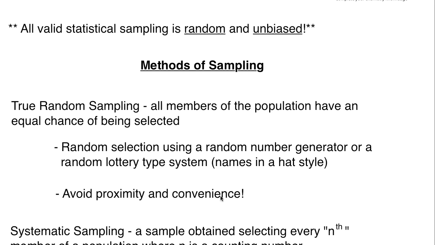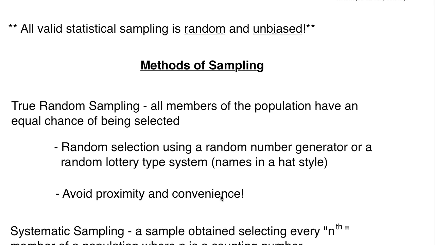So some of the best ways that you could do this would be to randomly assign numbers or values to each individual in the population, and then using something like a random number generator, you could randomly select individuals until you have met the quota or the amount of subjects that you need for your study.